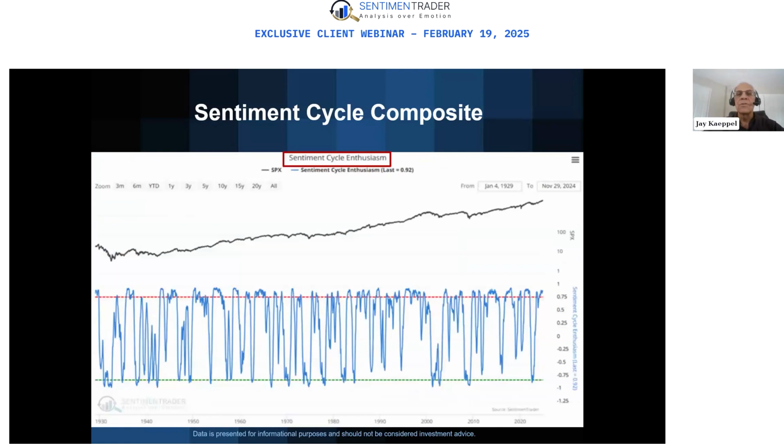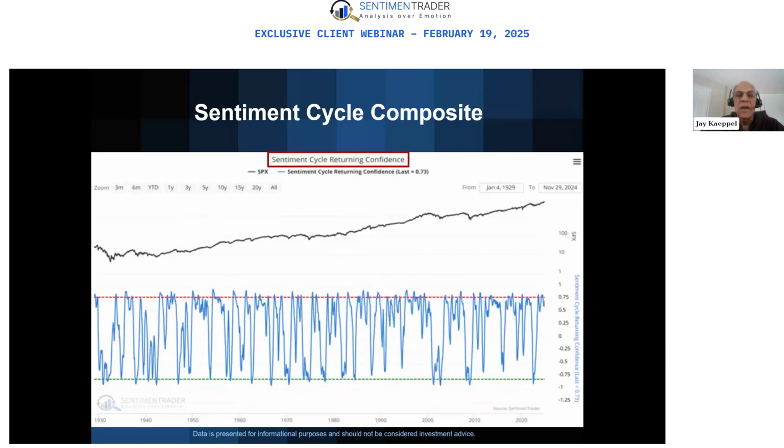The indicators on our website that form the basis are sentiment cycle enthusiasm, and what you'll notice is that when the market goes down, enthusiasm falls hard. No surprise there. As stock prices fall, people get less enthusiastic.